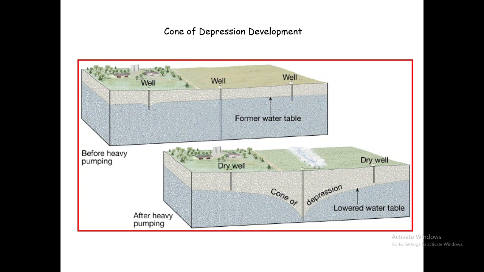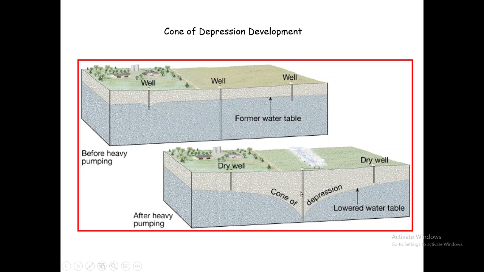So again, in this figure, you can clearly differentiate how the cone of depression affects the water table levels. So in this normal case, normal flow, there are three wells which are having a normal cone of depression based on their level and discharge rate.